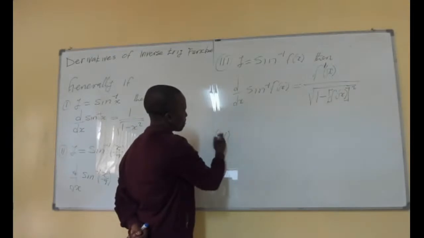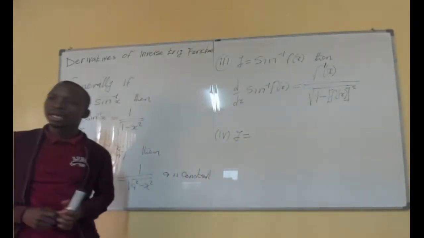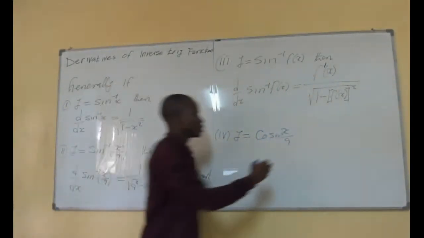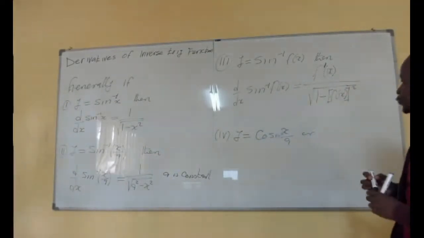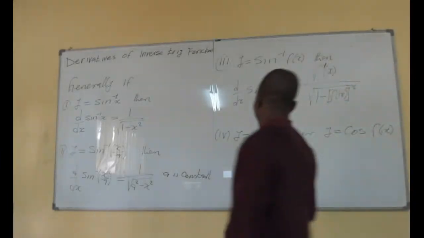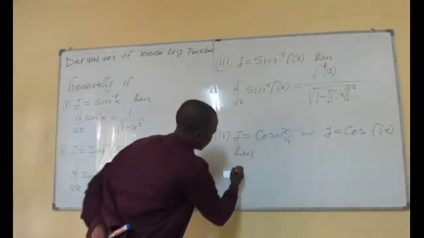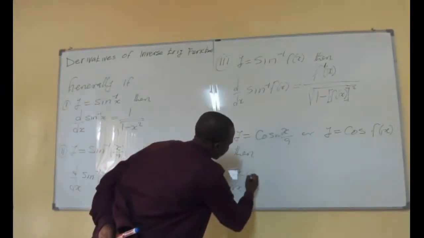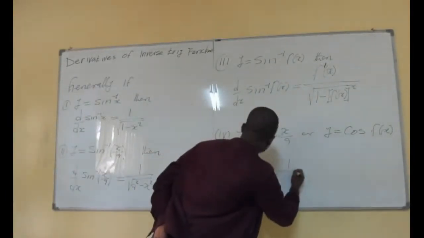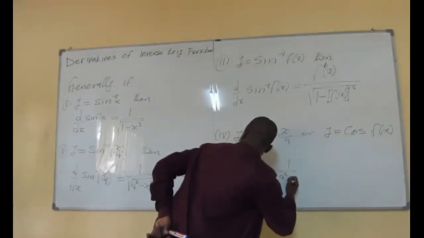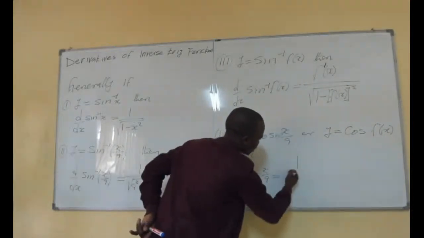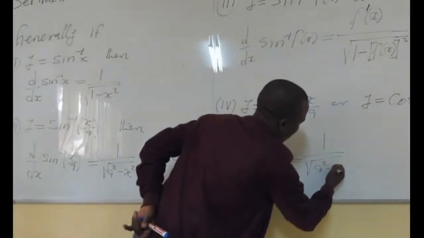So number 4: if y is equal to the cosine inverse of x over a, or y is equal to the cosine inverse of f of x, then the derivative with respect to x of the cosine inverse of x over a is equal to 1 divided by the square root of a squared minus x squared.